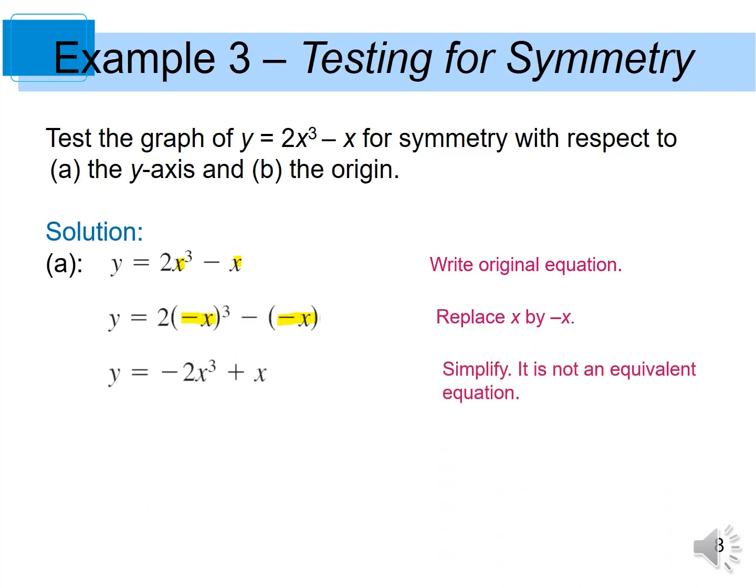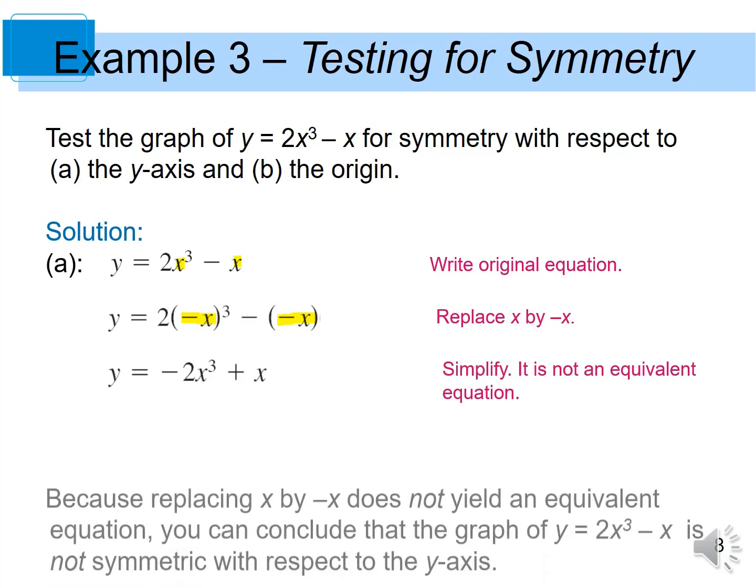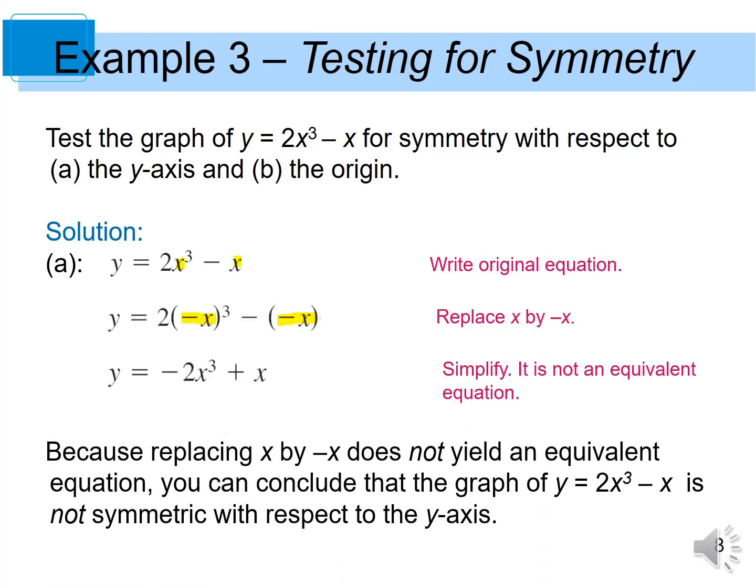And then you see you produce an equation that is not the same as the original equation. So you can conclude your answer: the graph is not symmetric with respect to the y-axis.